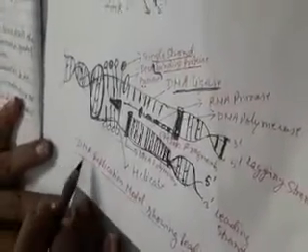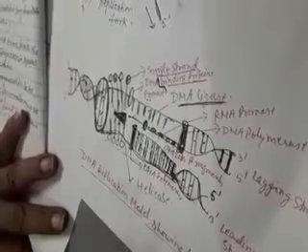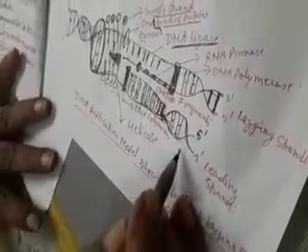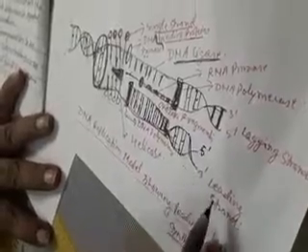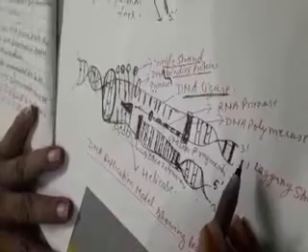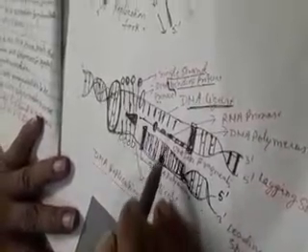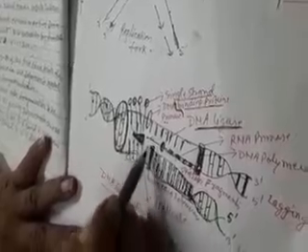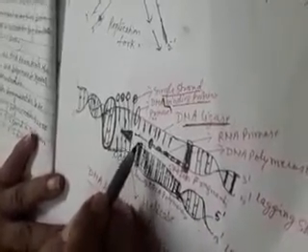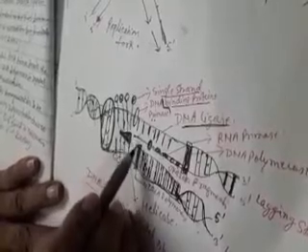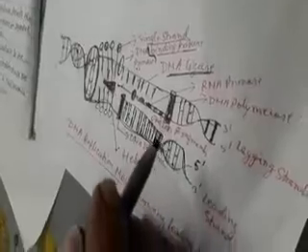The free OH group at the 3 position of this RNA primer provides the initiation point for DNA polymerase for sequential addition of deoxynucleotides. DNA polymerase.